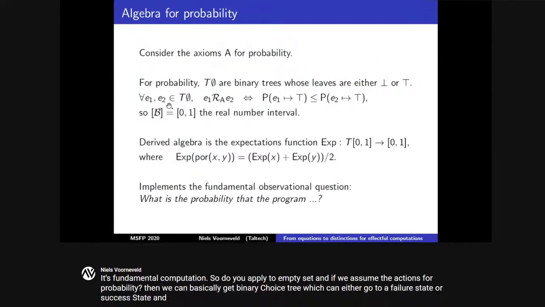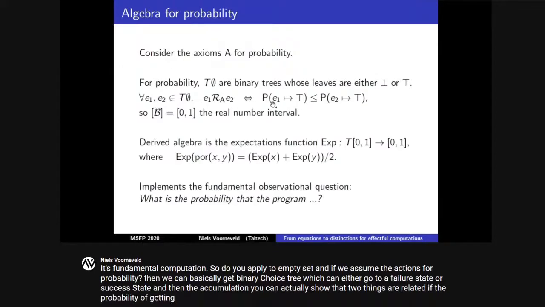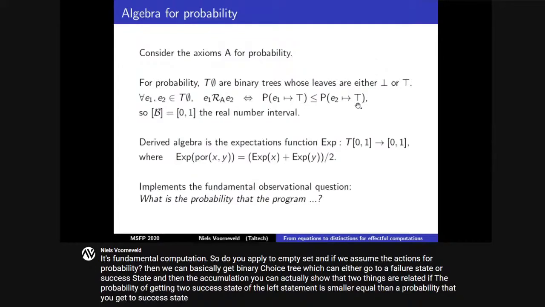And then with the axiomatization, you can actually show that two things are related if the probability of getting to a success state in the left statement is smaller or equal than the probability that you get to a success state in the right statement.